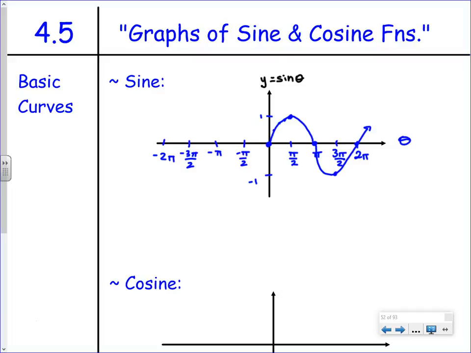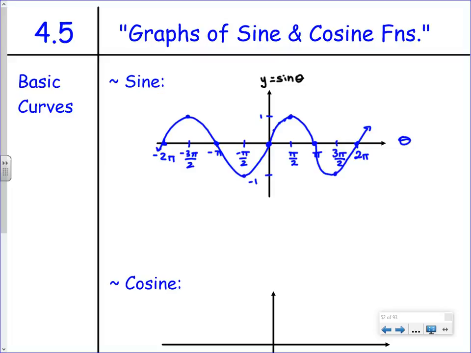If I was to go the other way, going down 90, going backwards 180, it actually does the exact same cycle. Again, sine is what we call a periodic function, meaning it repeats every, for this example at least, every 2 pi. Every 2 pi it cycles.